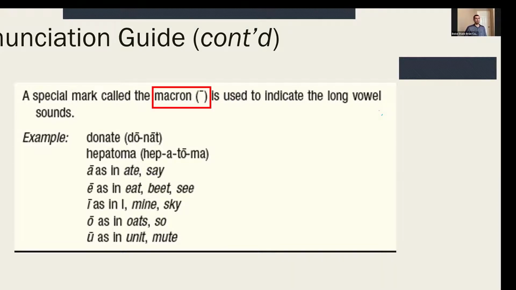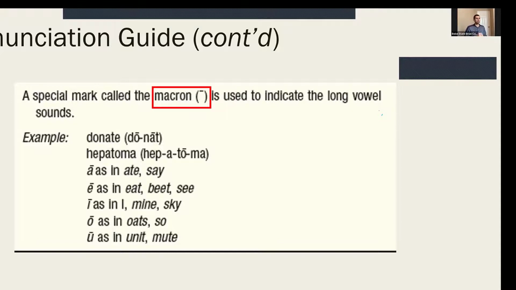Likewise, you wouldn't say "nat," right? Based off of English, we know that if you put the E at the end after the vowel, it makes it a long vowel. So we know that it's "nate" and not "nat." However, when we look at it in its phonetic form, we use that macron in order to help us pronounce it.